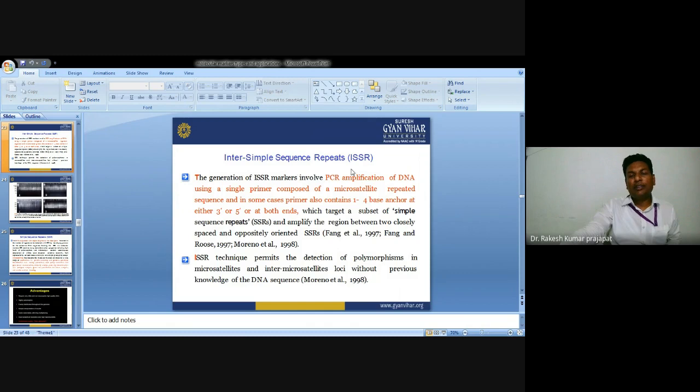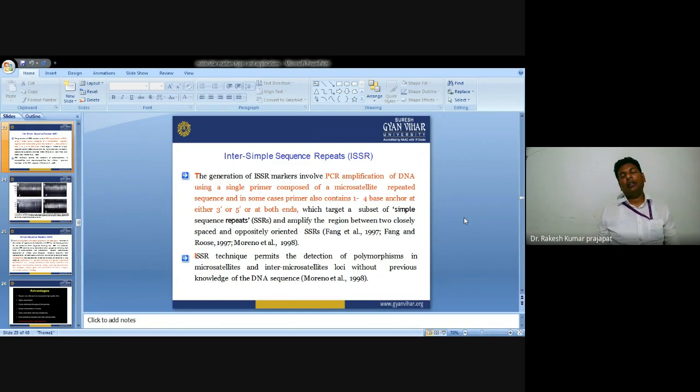Now inter simple sequence repeat, ISSR. The generation of ISSR markers involves PCR amplification of DNA using a single primer composed of a microsatellite repeat sequence, and in some cases the primer also contains a 1 to 4 base anchor at either the 3' or 5' end, which targets a subset of the simple sequence repeats and amplifies the region between two closely spaced, oppositely oriented SSRs. So the primer has the repeated unit, and if we have a repeated unit on both sides, it will amplify the region present between the repeated units.